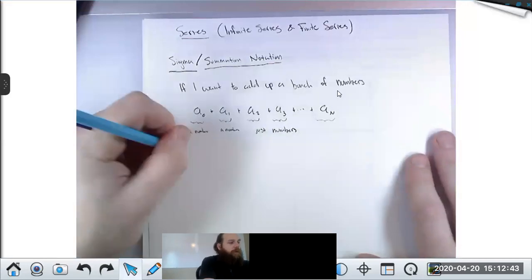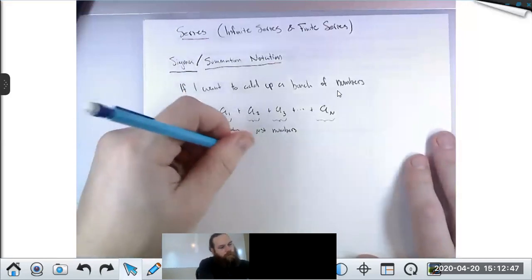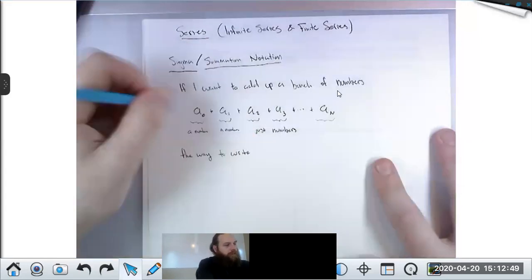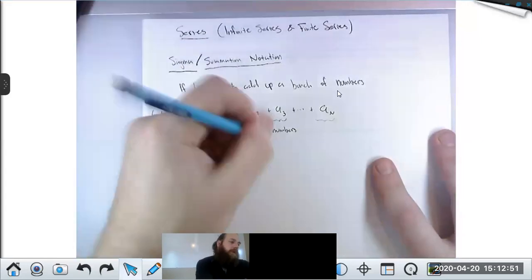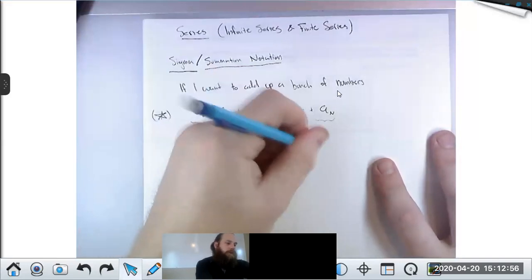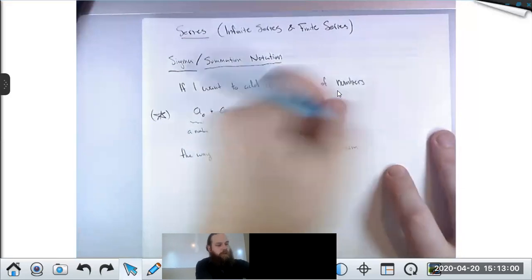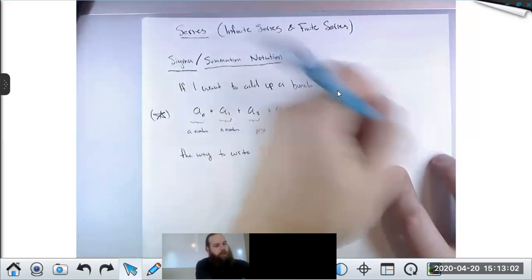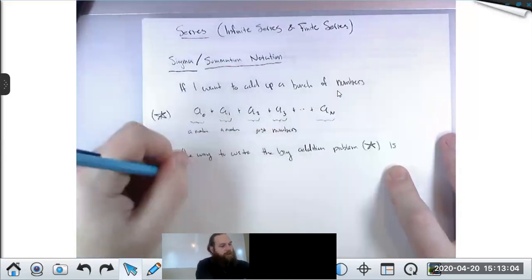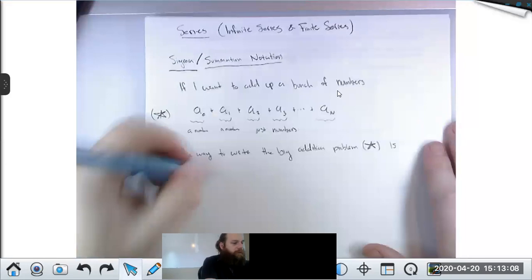The way to write the big addition problem in the line I'm going to label star is as, and this is just a special notation that we use for adding up a whole bunch of stuff.